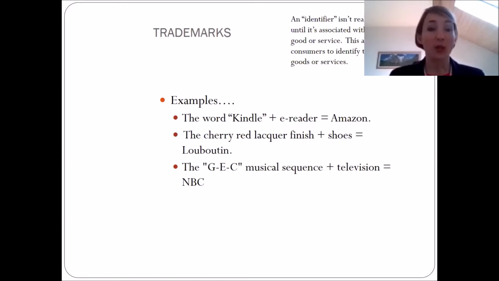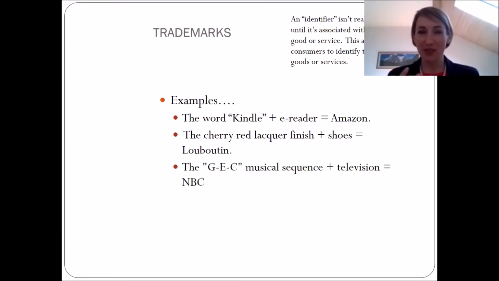So some very easy examples of this. You hear the word Kindle, and you assume that is the e-reader device, and you know that's from Amazon. You see the cherry red lacquer finish on a pair of shoes, and if you wear a lot of high heels, which I hope many of you don't because they're terrible, that might be a Louboutin shoe. And then the bum, bum, bum musical sequence is the NBC chime.